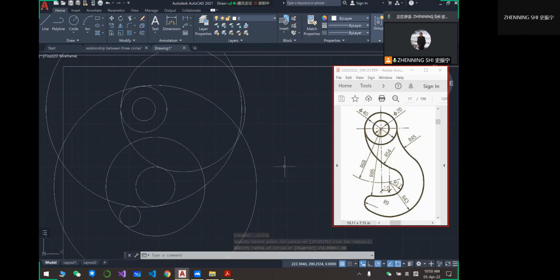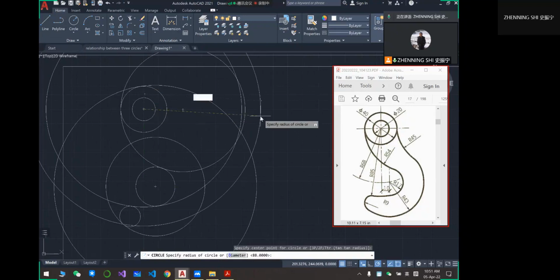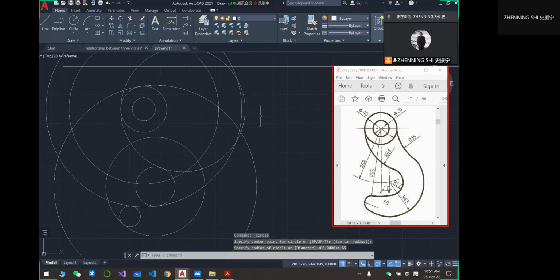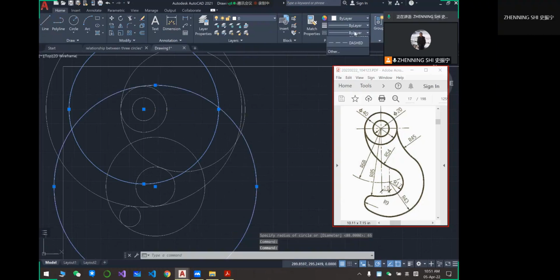And the next one is 20 plus 45, which is 65. Okay. So, oh no, let me change the shape.